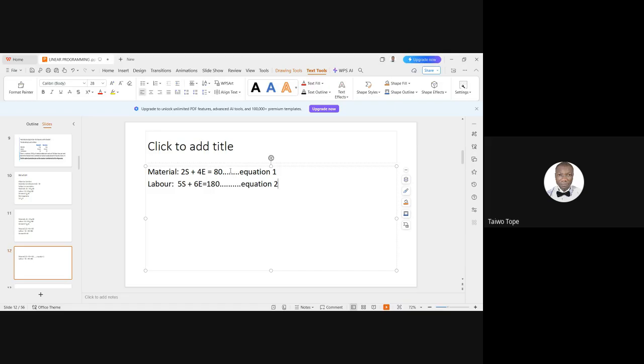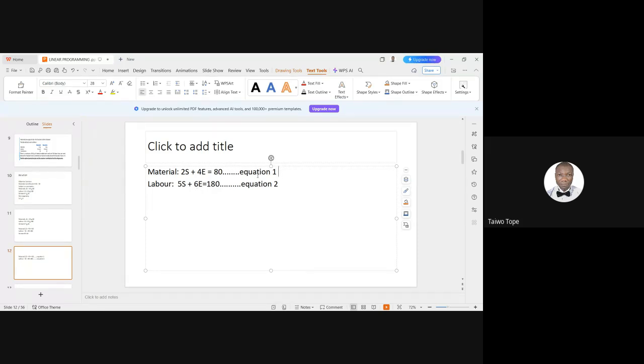You look for a value you can multiply equation 1 by, to eliminate, to have 2s and 5s be the same. Or you look for a value to make the 4e and the 6e the same.